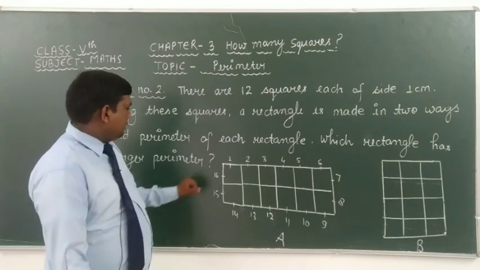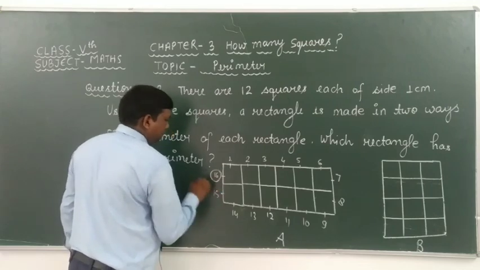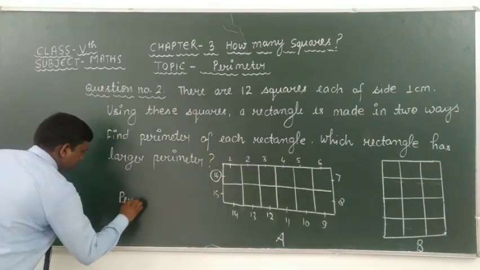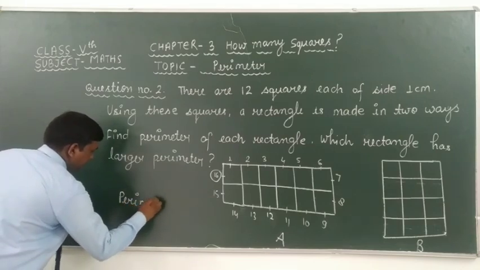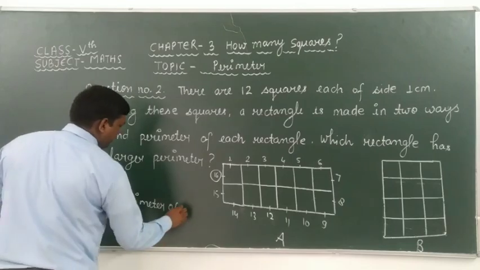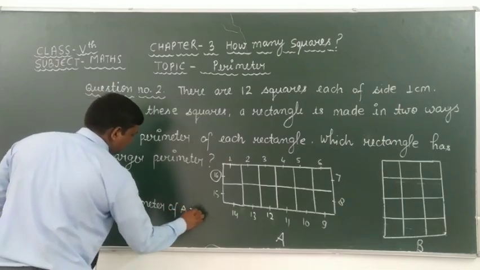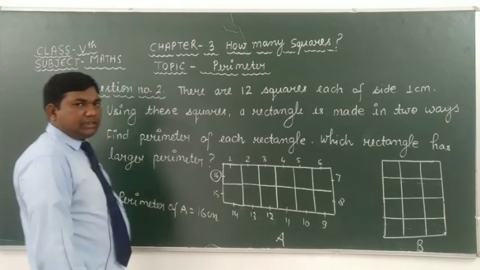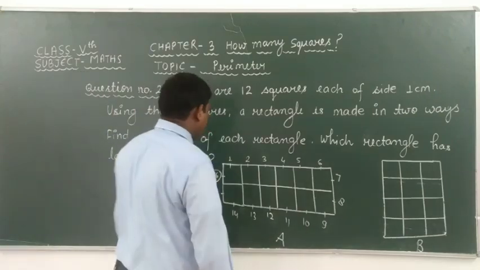It means that the perimeter of this figure is 16. Perimeter of A is equal to 16 centimeter.